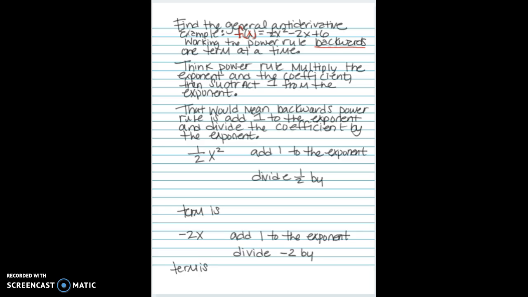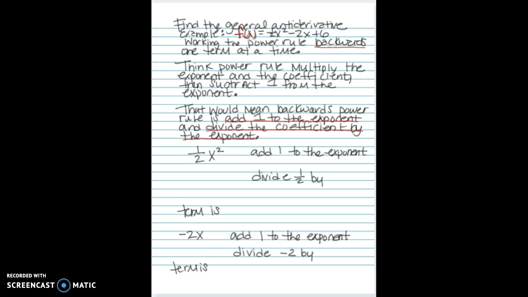Now I want you to think about the power rule. The power rule says that you multiply the exponent and the coefficient, then you subtract 1 from the exponent. We're going to work this backwards. That would mean backwards, the power rule is add 1 to the exponent and then divide the coefficient by the new exponent.